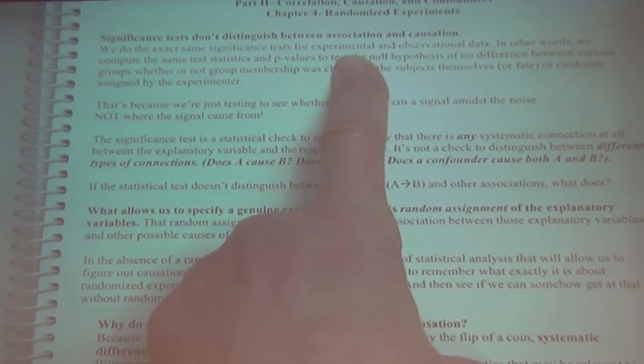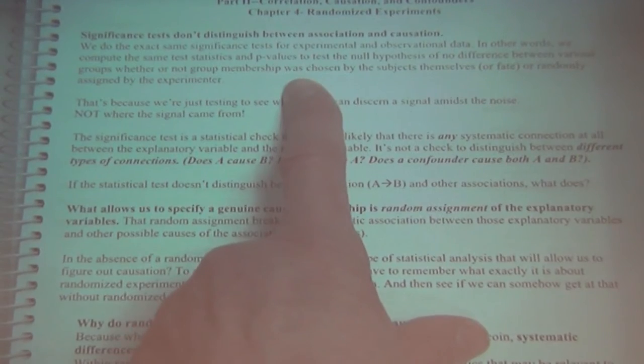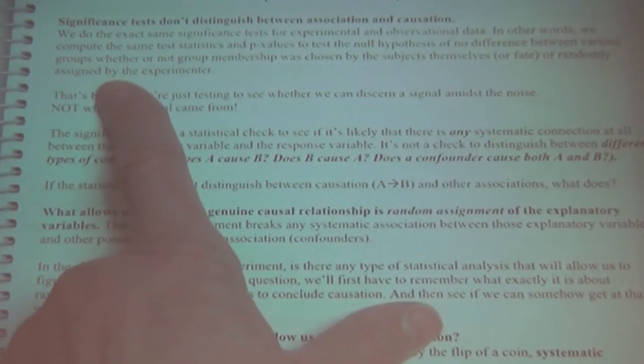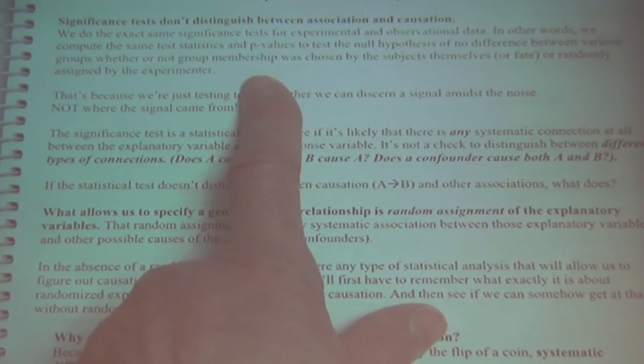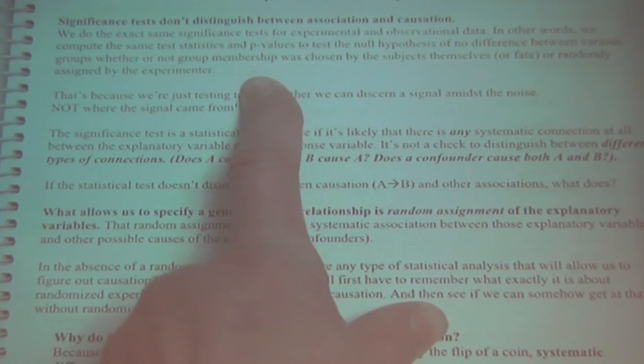Exactly the same. All right? We compute the same test statistics, the same p-values to test the null hypothesis of no difference between various groups, whether that group membership was chosen randomly, like in a randomized experiment, or the subjects themselves or some other non-random method was used for group assignment.